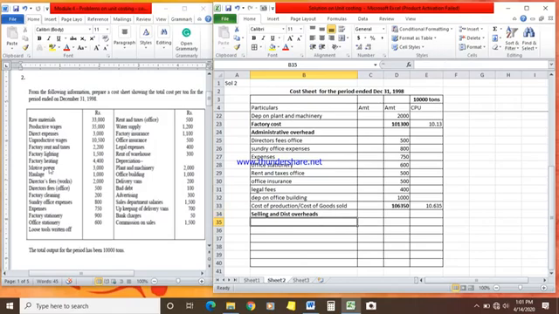So under the selling and distribution overheads, very few items are there under this particular heading. That is the delivery van amounting 200.